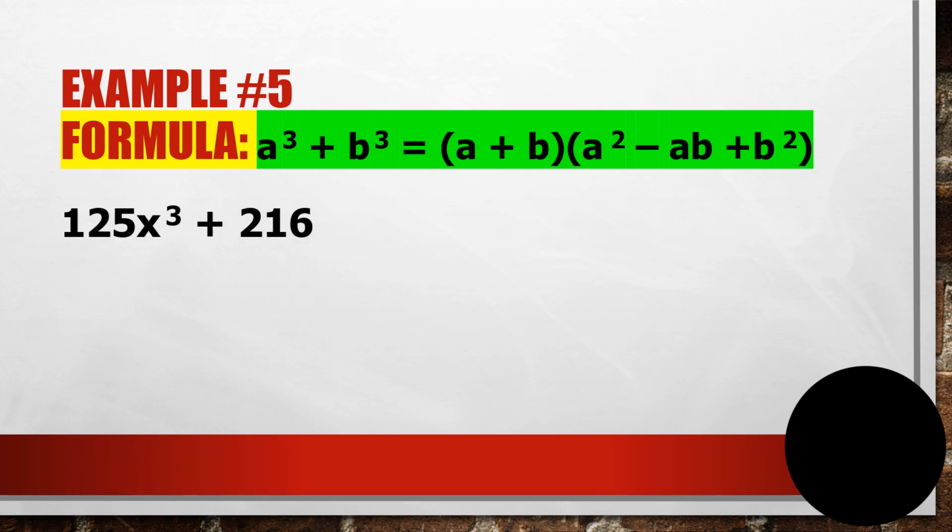Okay, example number 5. We have here 125x cubed plus 216. Now let's rewrite it into the sum of two cubes. The cube root of 125x cubed is 5x.